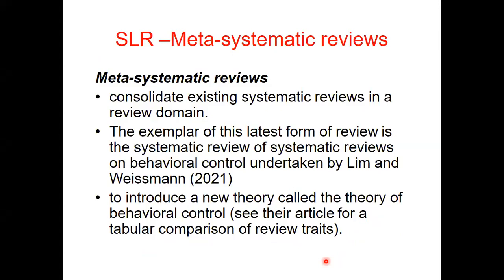And these are examples. Now, the goal, of course, is to introduce a new theory. As in this paper, for example, by Lim and Weisman, they wanted to introduce a new theory, and therefore they had to do some meta-systematic reviews and come up with some contribution, and they were able to build the theory.